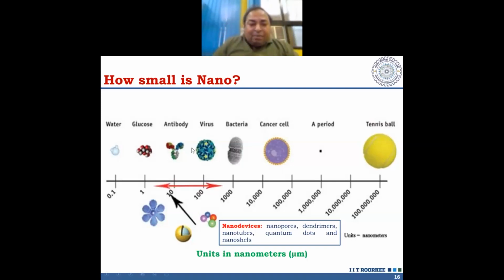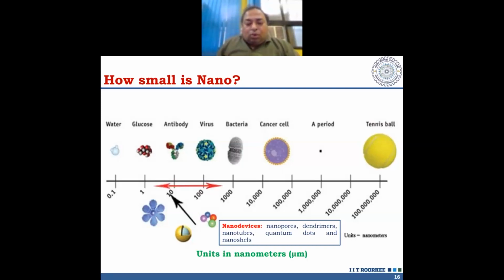When we arrive at virus, we arrive around 100 nanometer, where actually all the nanomachines are restricted. Then we go to antibody, which is around 10 nanometer, glucose, which is 1 nanometer, a droplet of one atom of water is 0.1 nanometer.